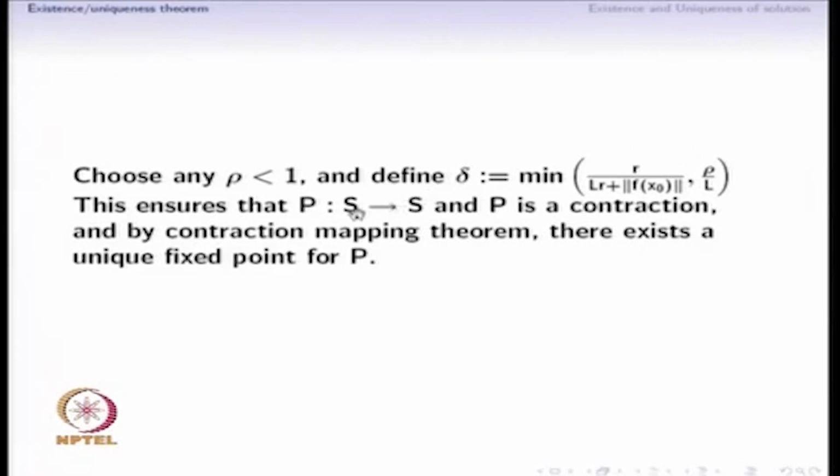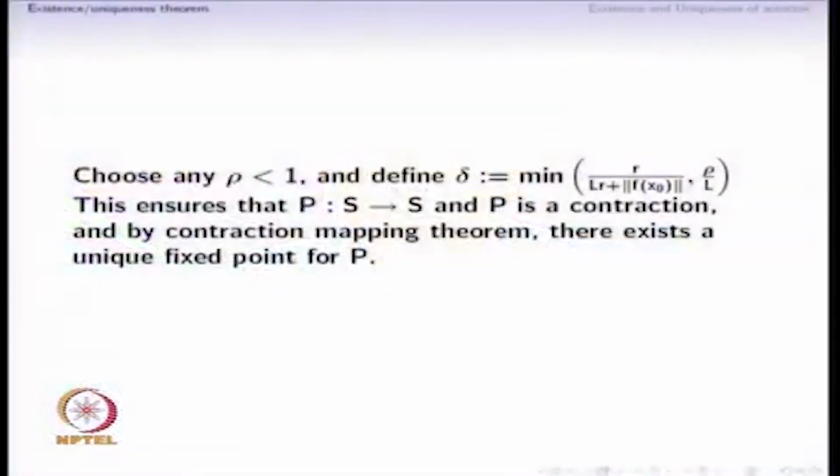It will ensure that P is a map from S to S, and it will ensure that P is a contraction. And once these two are guaranteed, by the contraction mapping theorem we know that there exists a fixed point in S for the operator P, and moreover there exists a unique fixed point for this operator P inside the subset S.